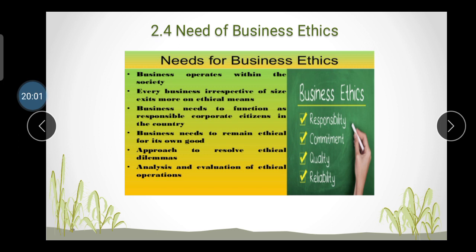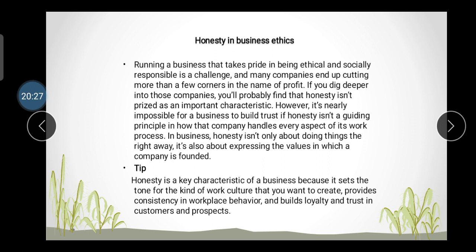Then the analysis and evaluation of ethical operations: you can analyze what is ethical or unethical, and you should try to remove and solve it. Only with business ethics can you solve your ethical dilemmas. So business ethics should follow responsibility, commitment, quality and reliability. Then honesty in the business.